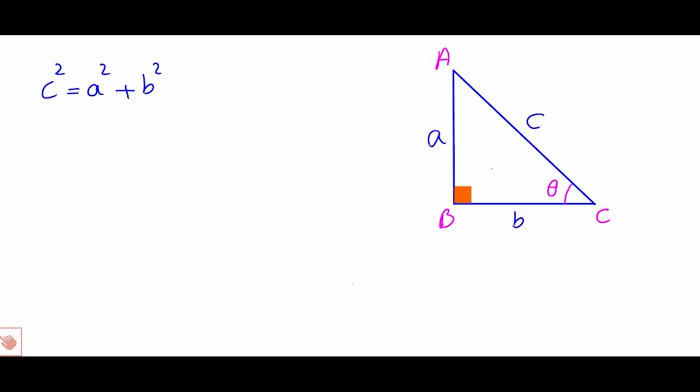For example, if A is equal to 3 and B is equal to 4, then C is equal to 5.